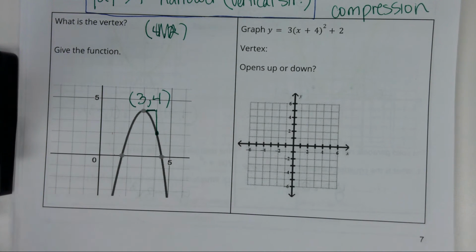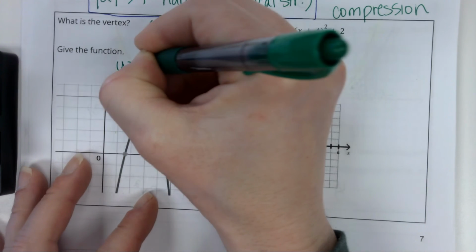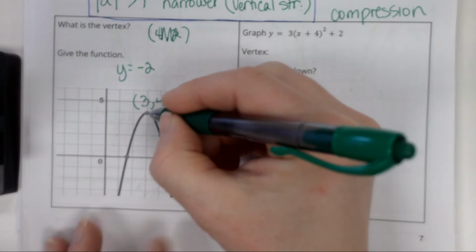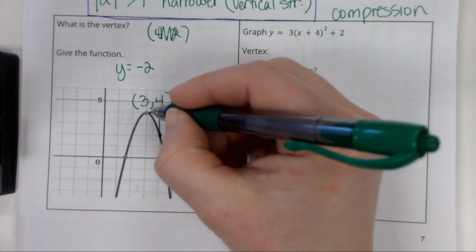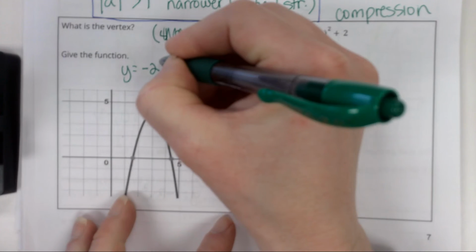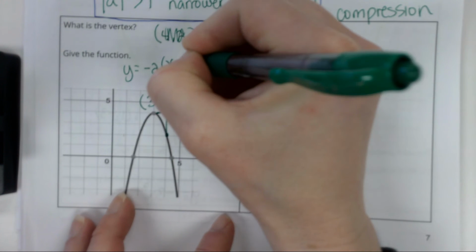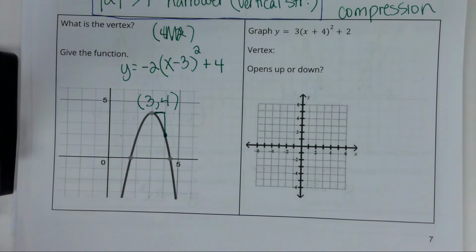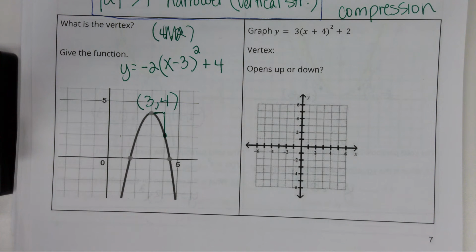The function is y equals -2, and we got the -2 by thinking of it as the rate of change, going down 2 over 1, parentheses x minus 3 squared plus 4. Don't worry, we'll do another one. We can do some other ones together too if this isn't making sense.